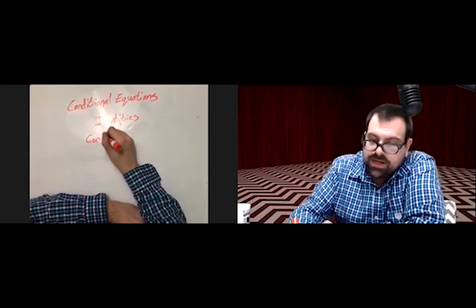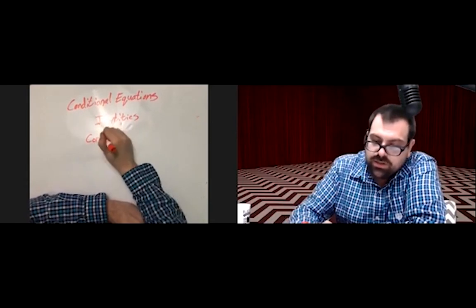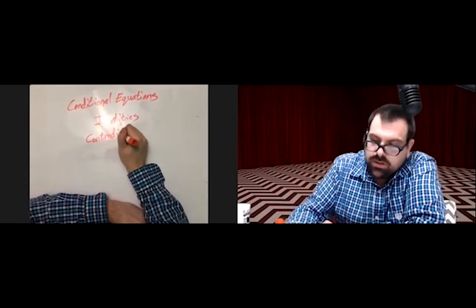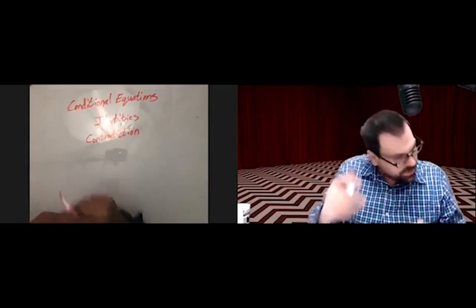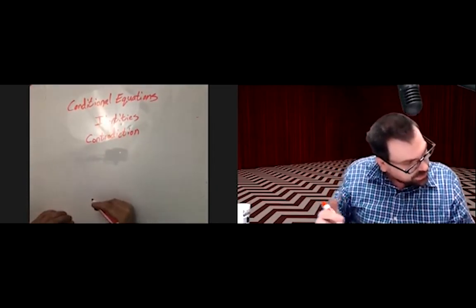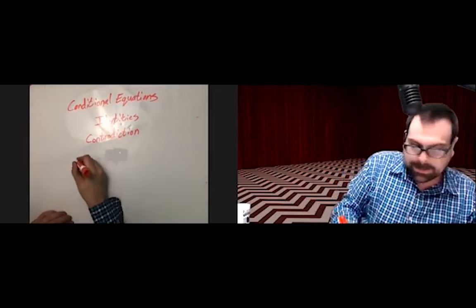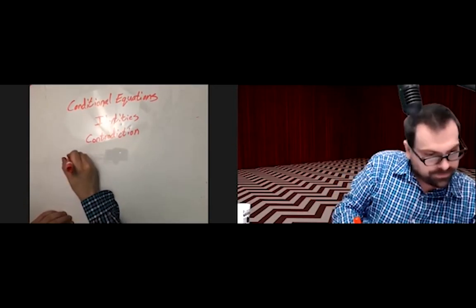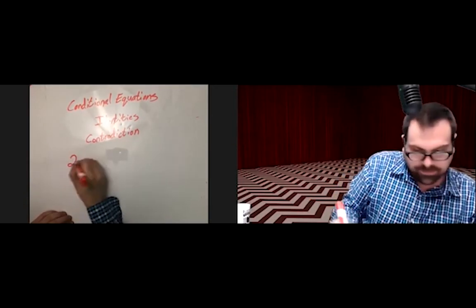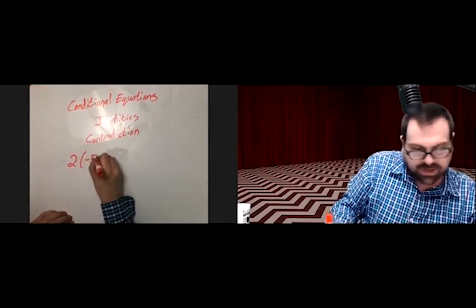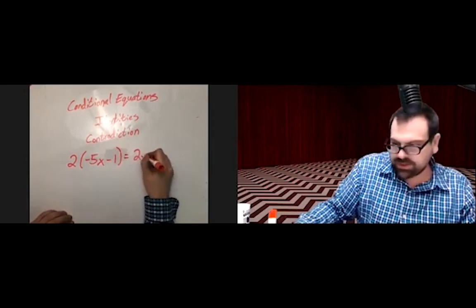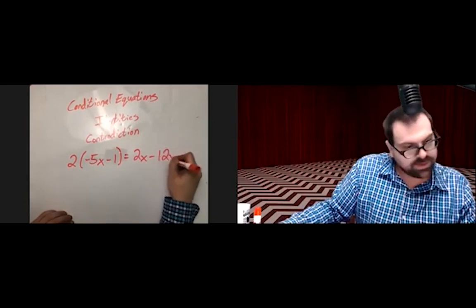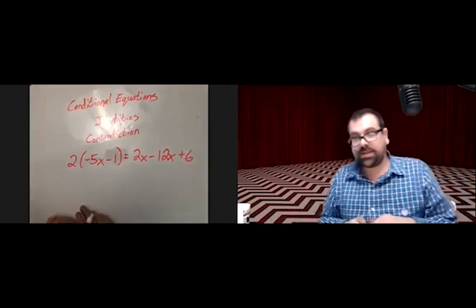The opposite of an identity is a contradiction. In other words, you'll get something that is never true. For example, 2 times (-5x minus 1) equals 2x minus 12x plus 6.